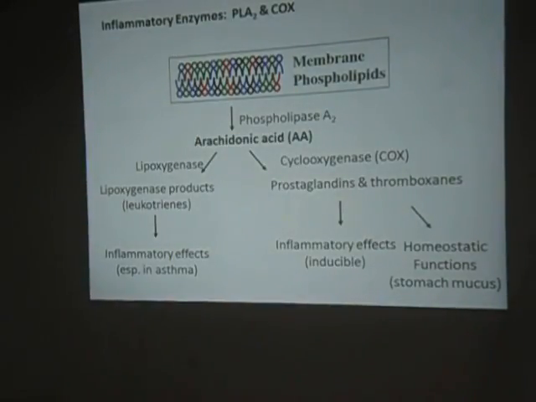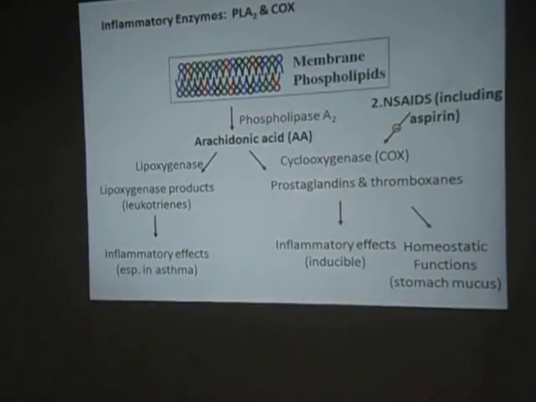So here this is the normal pathway what we see. Okay, membrane phospholipids, from there under the influence of phospholipase A2, arachidonic acid, lipoxygenase, cyclooxygenase. From the lipoxygenase, the inflammatory mediators of asthma and other inflammatory mediators from the cyclooxygenase pathway are released.